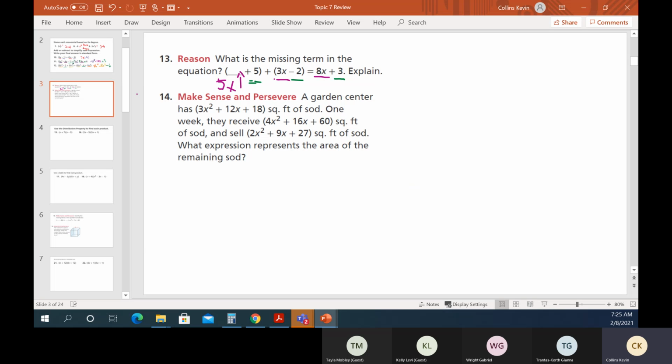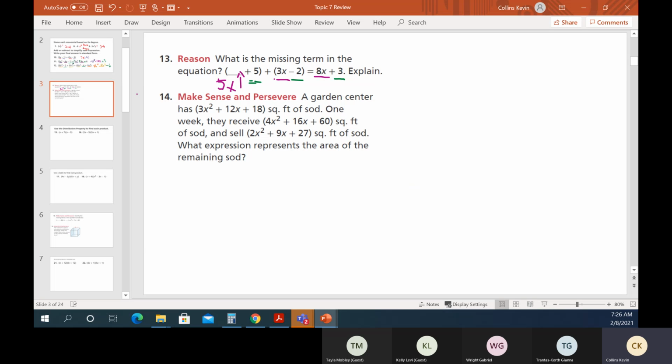All right, so next one says we have a garden center that has 3x squared plus 12x plus 18 square feet of sod. Of course. We see that every day at the garden center, right? So it says 1 week they receive blah, blah, blah square feet of sod and sell blah, blah, blah square feet of sod.